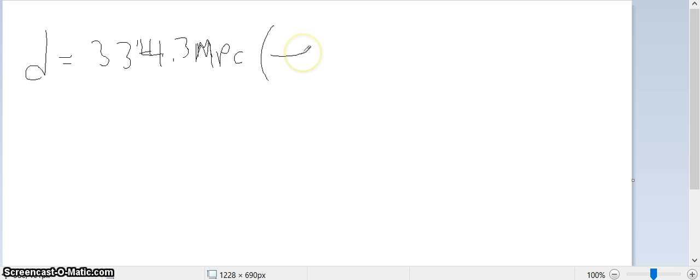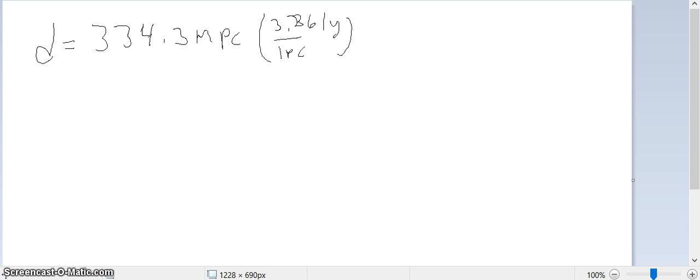We do the standard thing, 3.26 light years in one parsec. Hold on, sorry, I incorrectly flipped the parsecs. I put that in the numerator in the last step. I apologize for that. The parsecs have to go in the denominator.